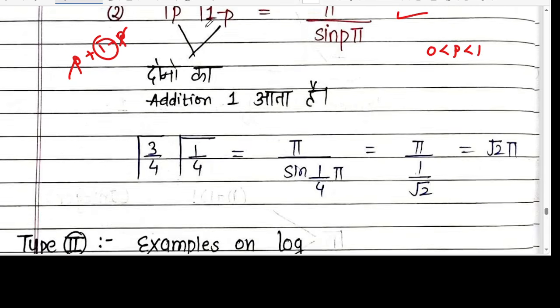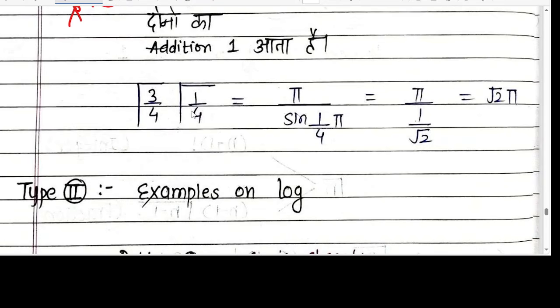For example, here gamma 3 by 4 and gamma 1 by 4. You can see the addition 3 by 4 plus 1 by 4 is always 1 here. If addition is 1, we can use pi upon sine p pi. p is 1 by 4 here. So pi upon 1 upon under root 2, which is equal to root 2 into pi.